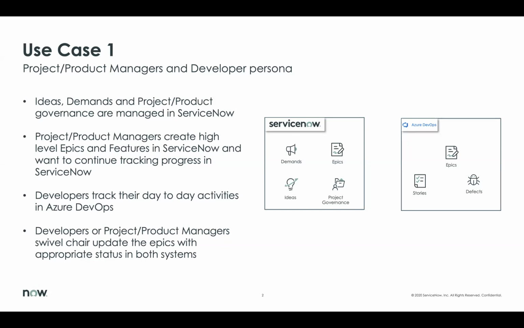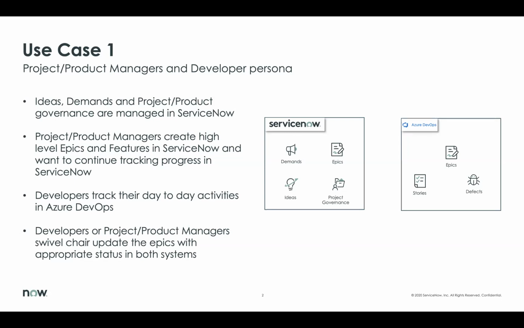You create the high-level objectives in ServiceNow, and you push that data from ServiceNow into Azure DevOps, and your developers break those epics or features down into stories, assign them in the sprints, and continue to work on it.